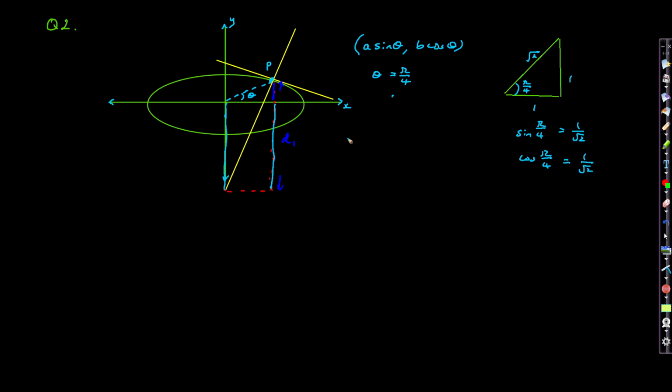So we can get P as A times 1 over root 2, B times 1 over root 2, in other words A over root 2 and B over root 2, which means that this dark blue distance here is B over root 2.